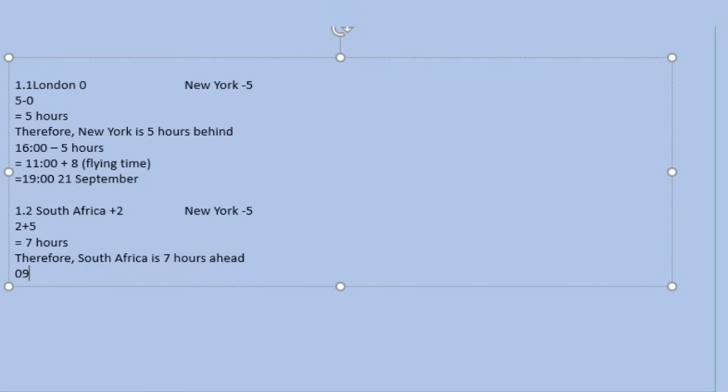We'll take that 9 a.m. and we add 7 hours, and the time will be 16 hours, and we subtract 1 hour. For DST we subtract because USA is behind, and the time will be 15 hours, 23 September.